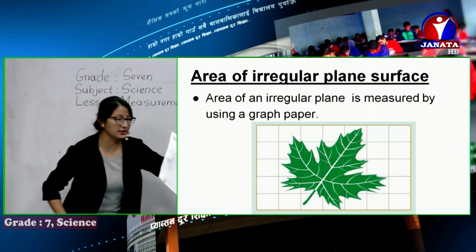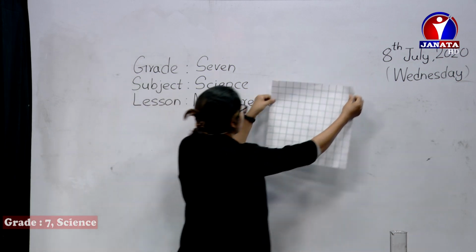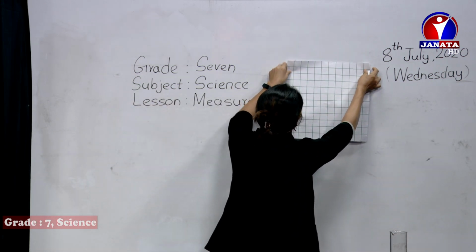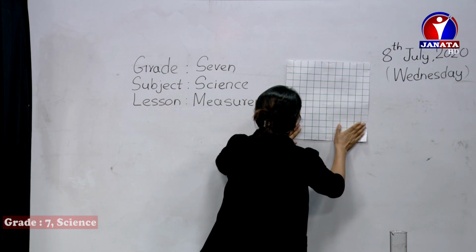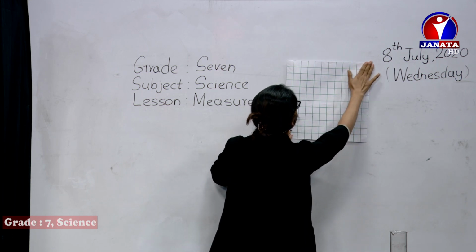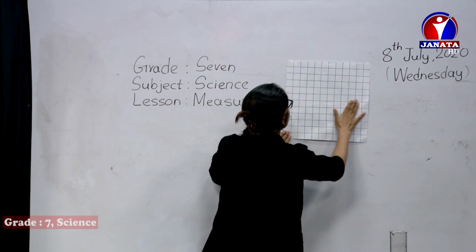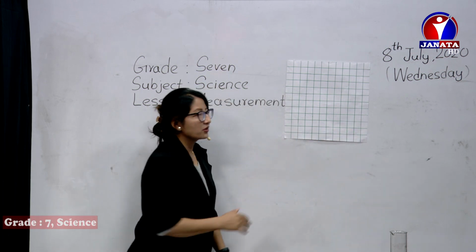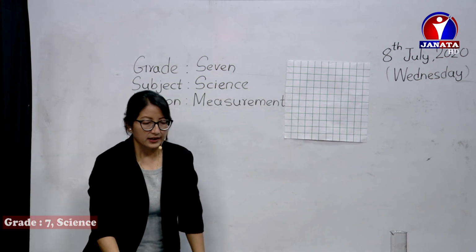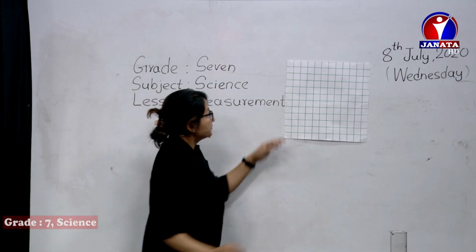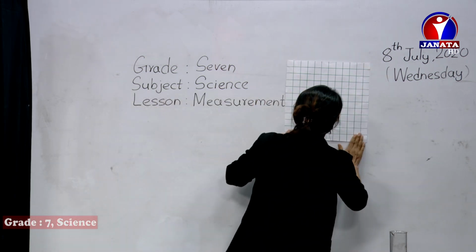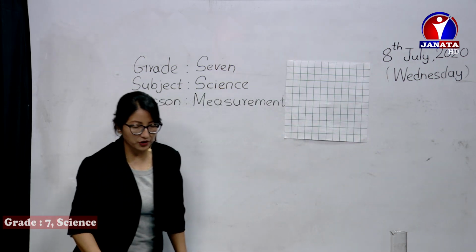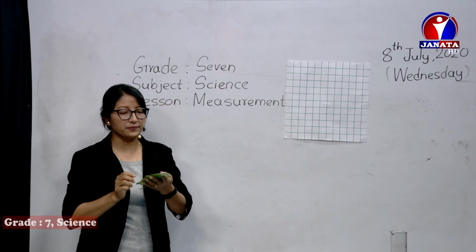So let's get started. I have made a separate graph paper here, and when calculating the area of an irregular object of your choice, you can use the graph papers available to you. This is a simple graph paper. First of all, we take a graph paper, then we take the irregular object.